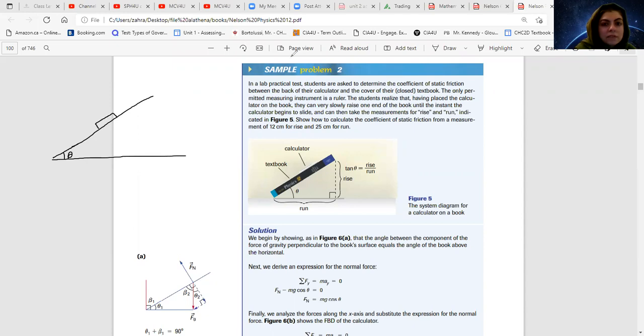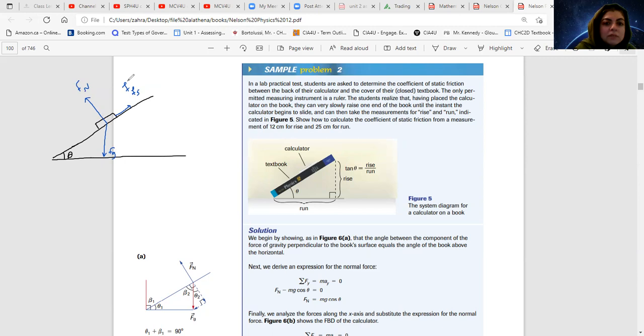We have a gravitational force downward, my F of G. Also, we have the normal force perpendicular to the surface of the textbook. We have F of friction, which is against the movement. It is static friction because it's not moving, right?